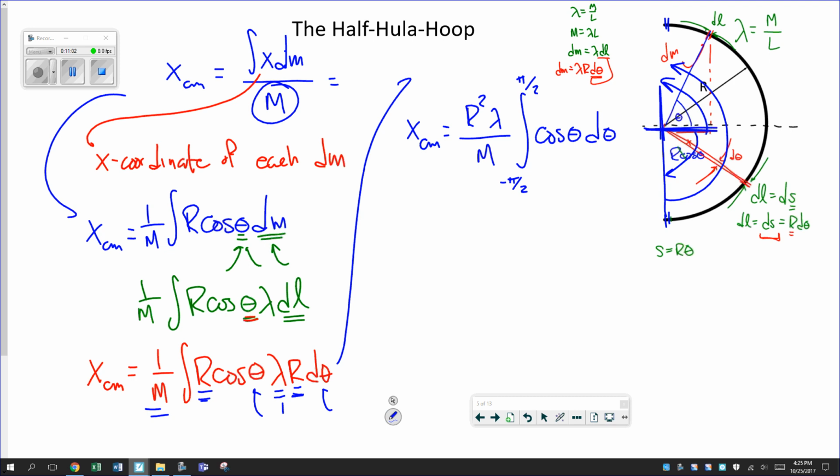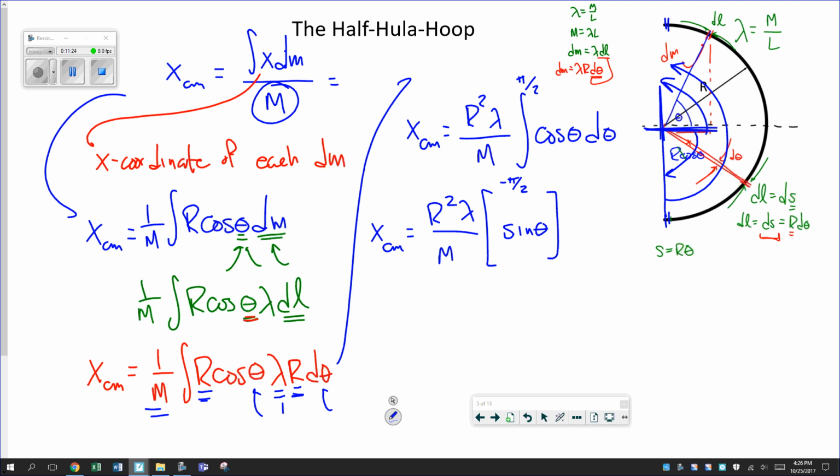Now, the position of the center of mass is r squared lambda over m. Well, the integral of cosine theta d theta by definition is sine theta.